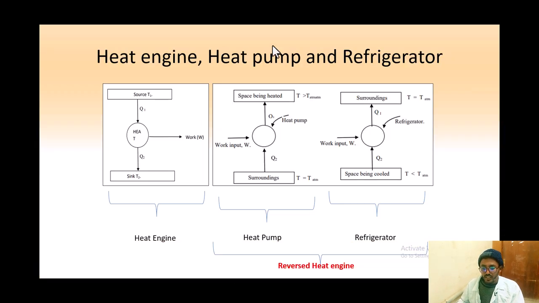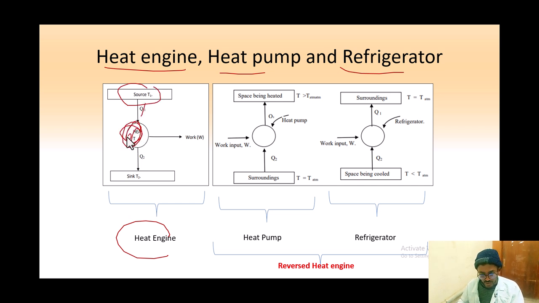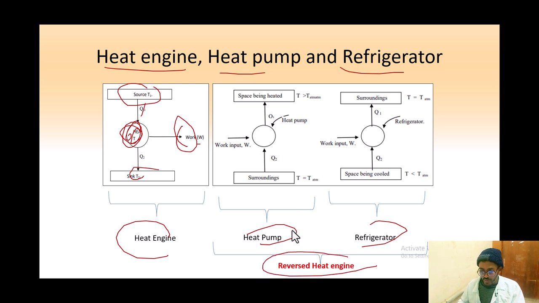So the next one is heat engine, heat pump, and refrigerator. So we have the heat engine here, we have the source, and we have Q1, and we have the device, the heat engine here. It changes partially some of this into work and the rest into the heat sink. And the other thing, like we have the heat pump and refrigerator, we call them reversed heat engines. Let's say if we talk about the heat pump, we have the surroundings, which is T equal to atmosphere.